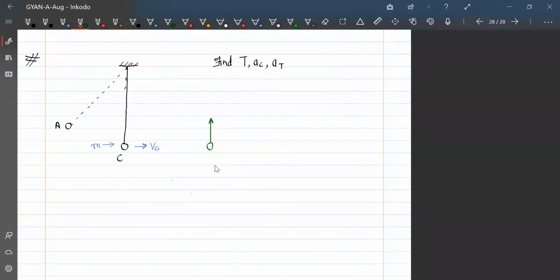Sir, gravity. How much is the gravity force? Sir, 6.67 into 10 raised to -11.